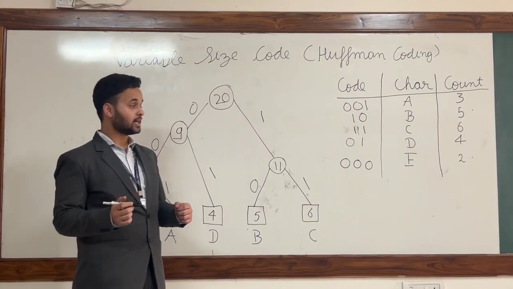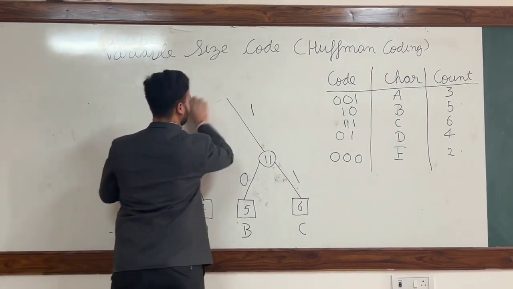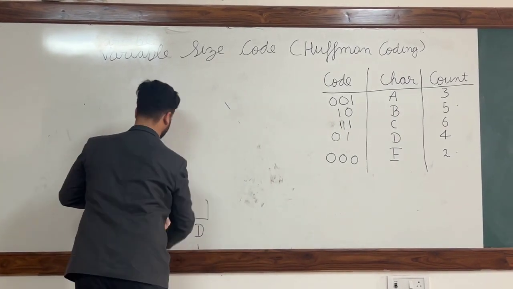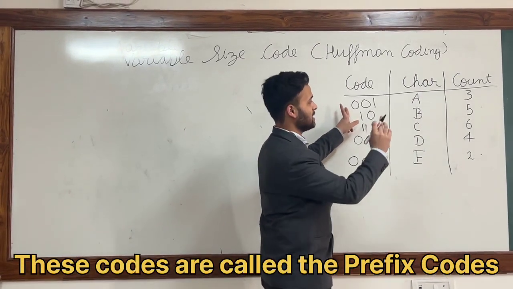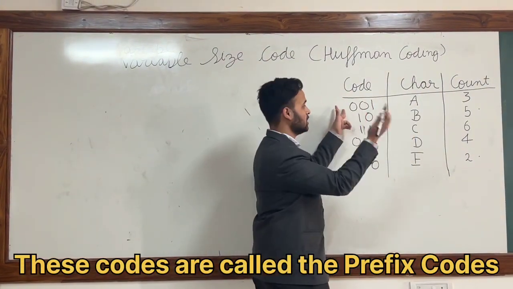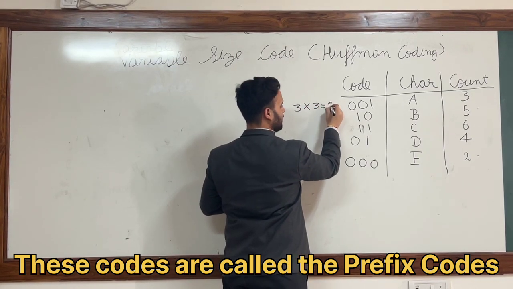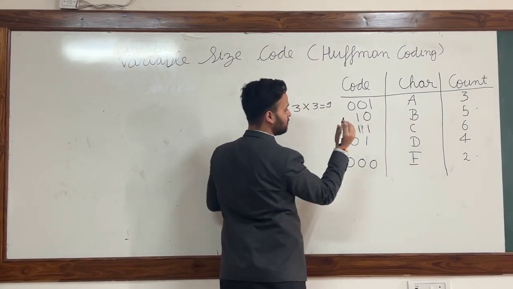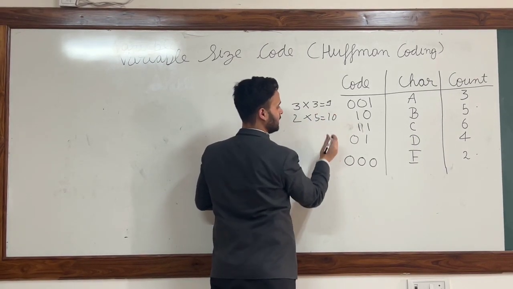Now we will calculate the size of our codes. This code has occurred 3 times in our message, so it will be 3 into 3, that is 9. This 2 bit code has occurred 5 times, so 2 into 5, 10.